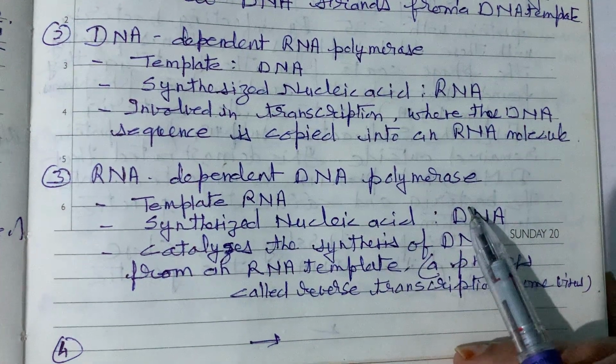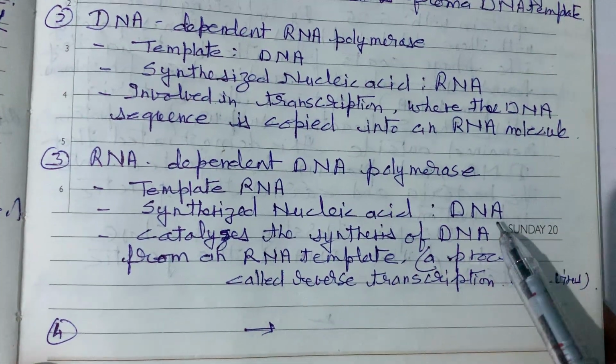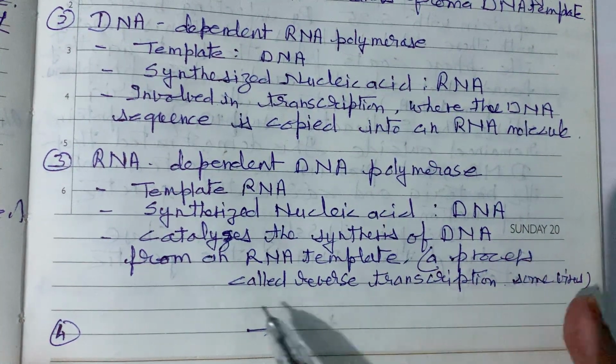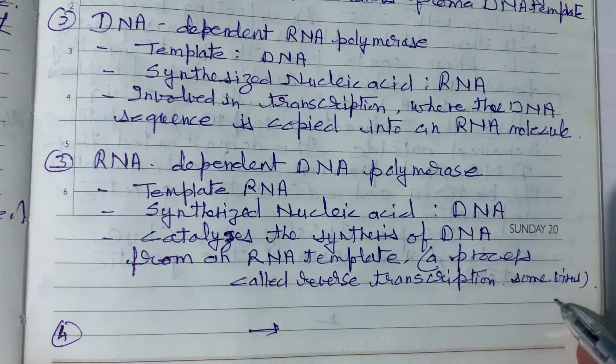RNA dependent DNA polymerase, template RNA, synthesized nucleic acid DNA, catalyzes the synthesis of DNA from the RNA template, a process called reverse transcription. It is present in some viruses.